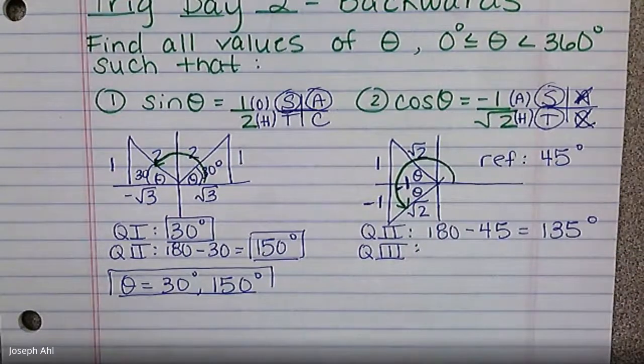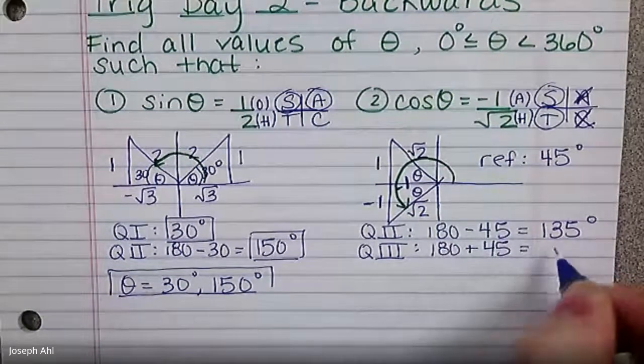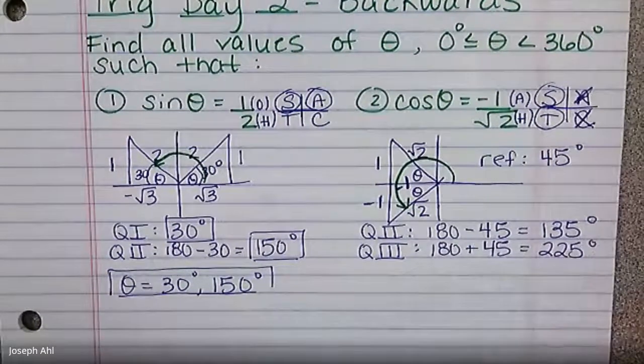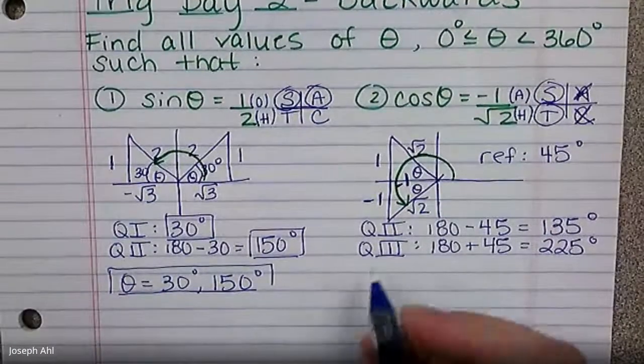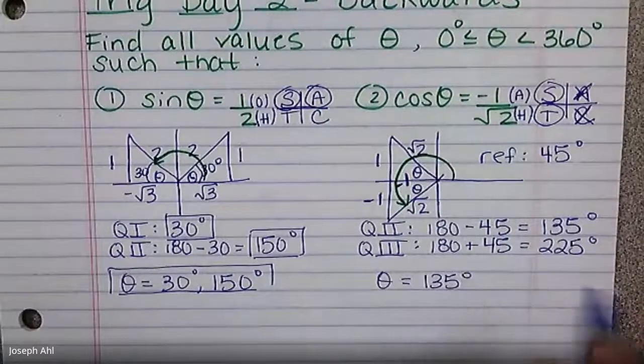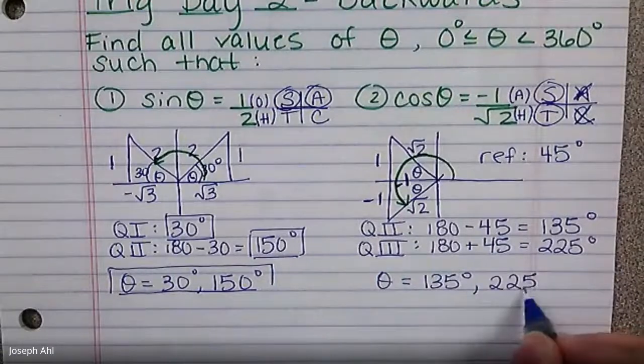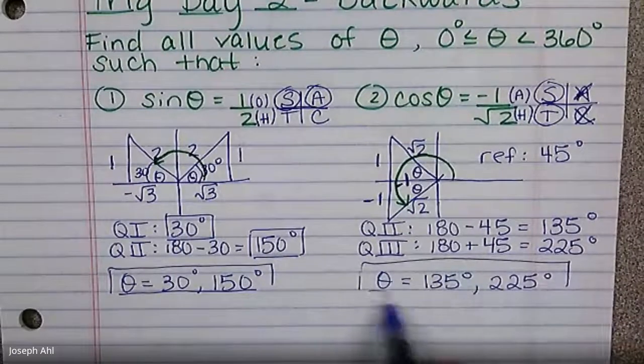So in general, for quadrant 3, you're going to take 180 and add the reference of 45. And that gets you to an angle of 225 degrees. So therefore, the two values of theta that satisfy the equation cos theta equals -1 over radical 2 are 135 and 225.